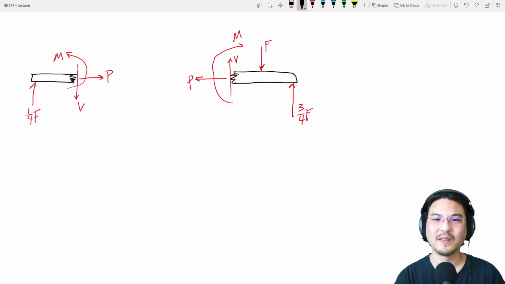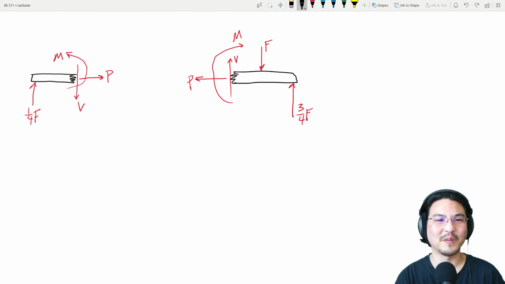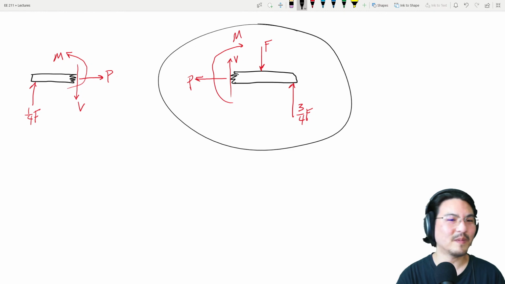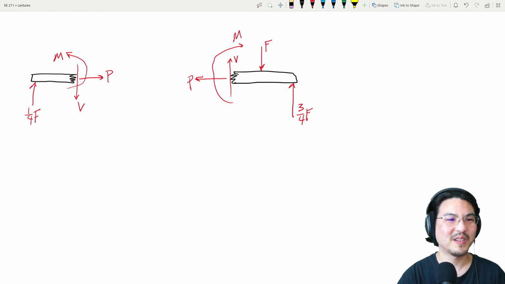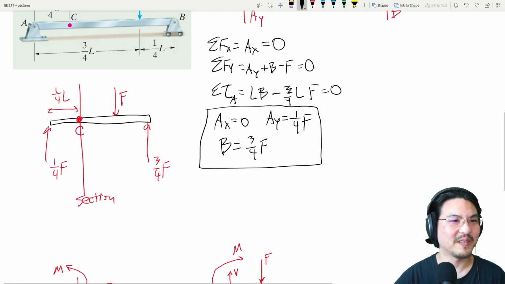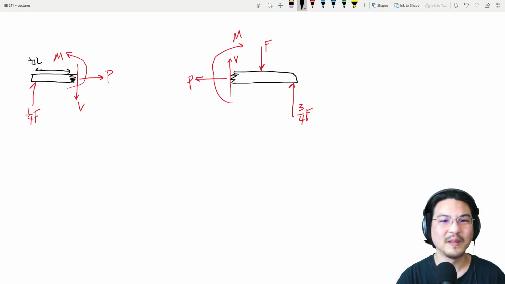And then over here we got 1, 2, 3 unknowns, and then 4, 5. So there's more going on over here. So how about we go with this one? Okay, how far was that again? Quarter of the way. So 1/4 L. Here to here was 1/4 L.